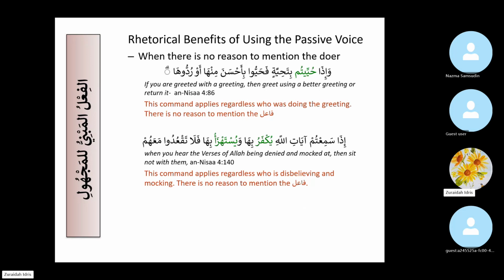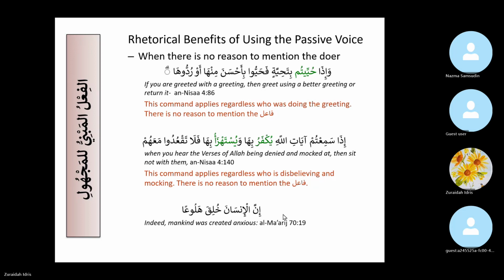So when you hear the verses of Allah being denied and mocked, whoever denies and mocks Allah's verses, you just walk away from them. Don't sit with them. Yeah. So it doesn't matter who's speaking. As long as you hear that there's disrespect towards Allah's verses, you don't listen.